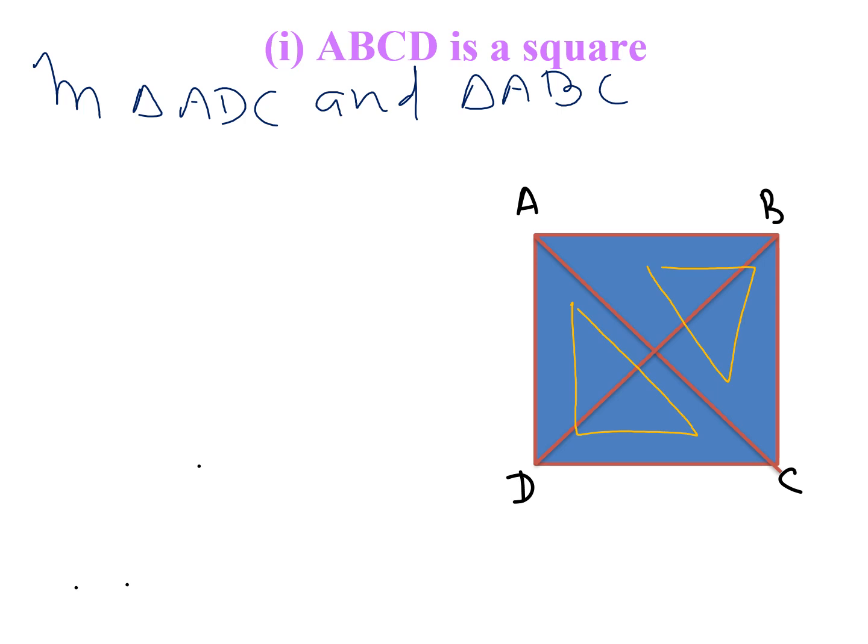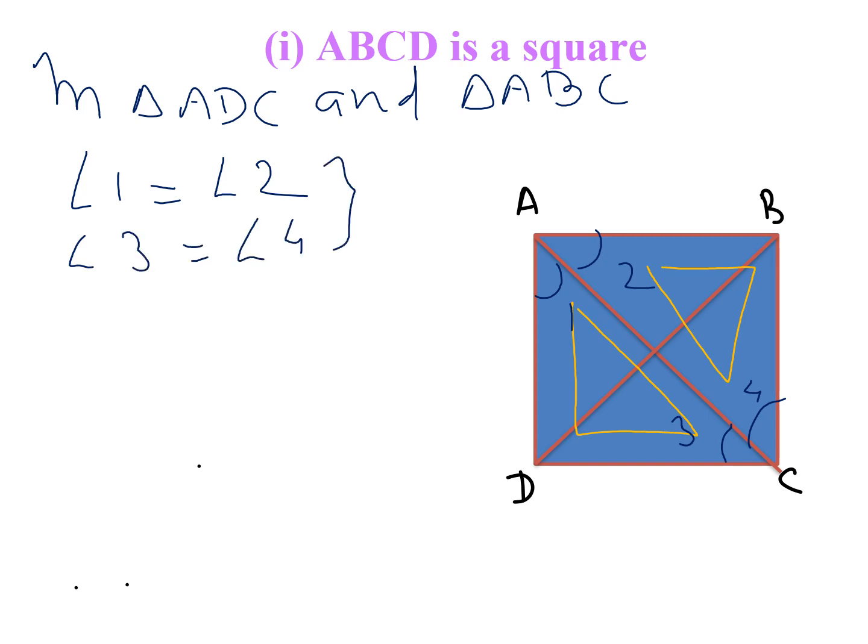We can write that angle 1 is equal to angle 2 because AC bisects angle A. If we mark them by 3 and 4, we can write angle 3 is equal to angle 4 because AC bisects angle C as well.